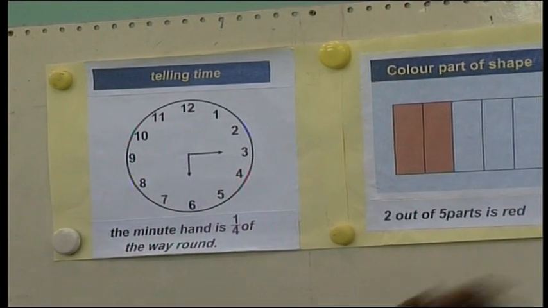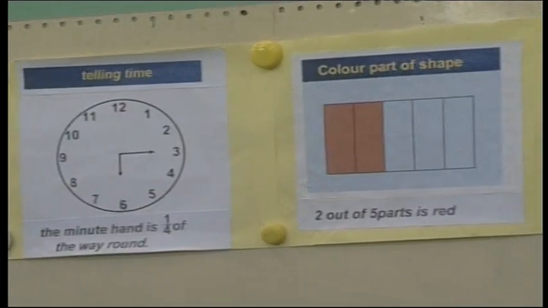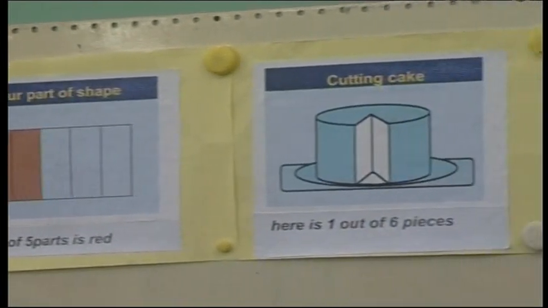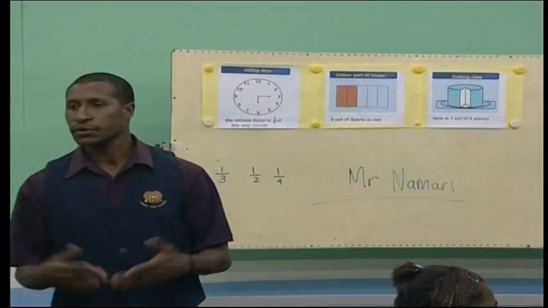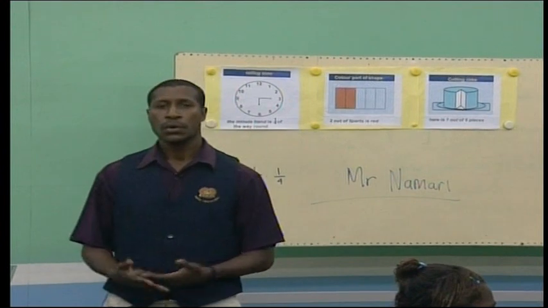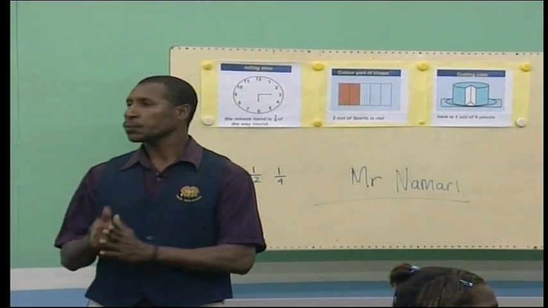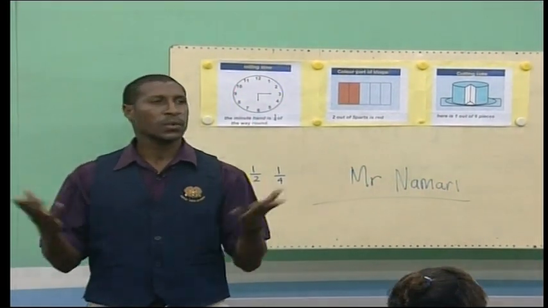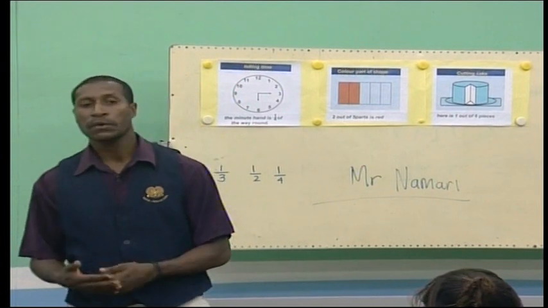Other examples, like cutting cake. When there is a celebration, or let's say a birthday, we do not realize that when we slice cakes or whatever, we also involve fractions.